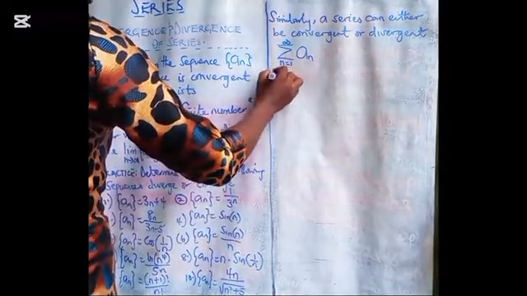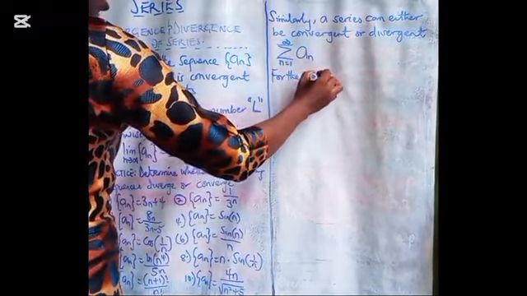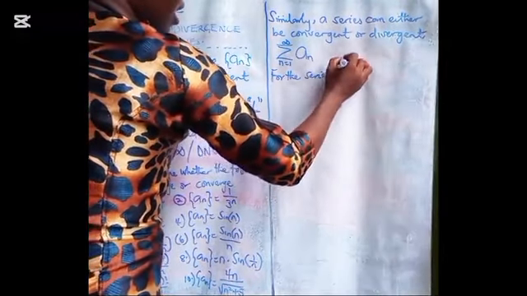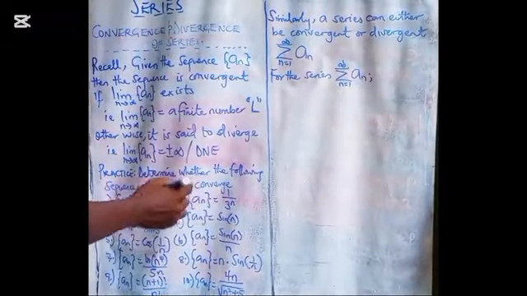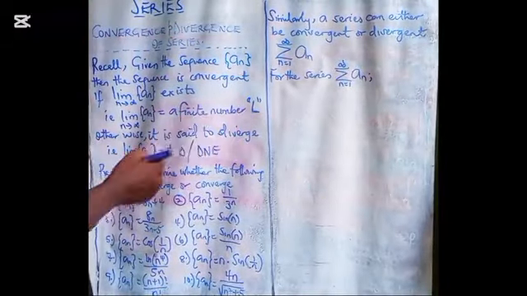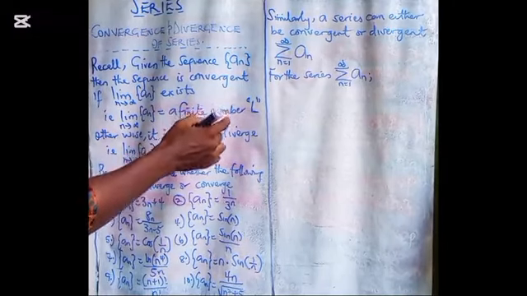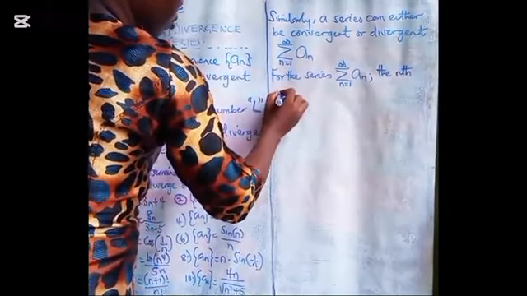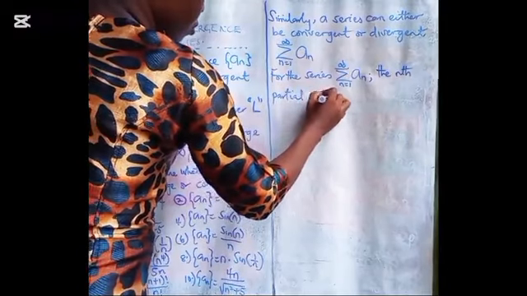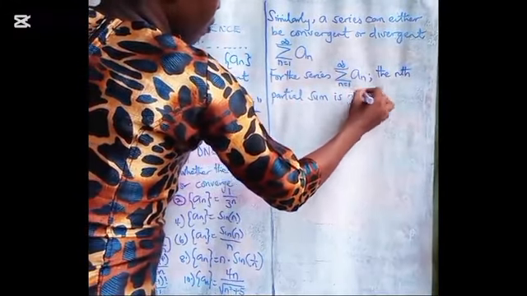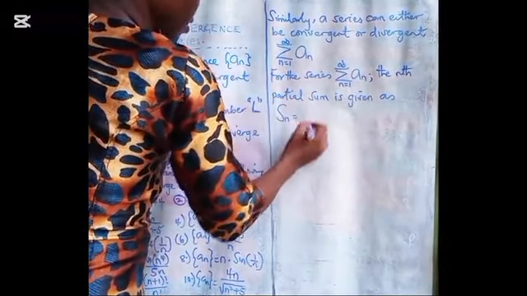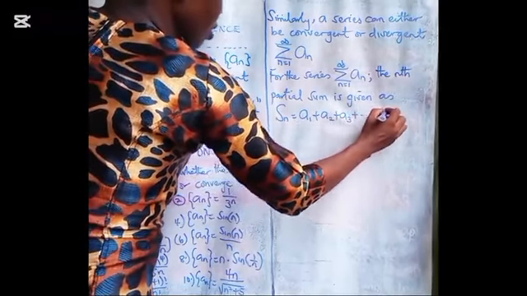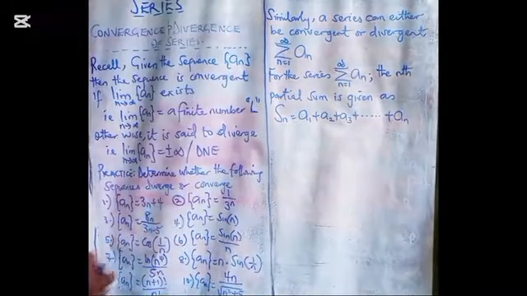Now for this series, as n moves from 1 to infinity, the nth partial sum is given as S sub n is equal to A1 plus A2 plus A3 plus down to plus A sub n.